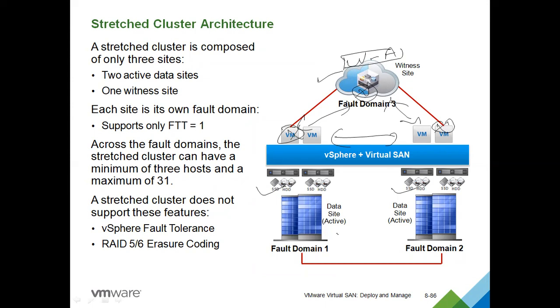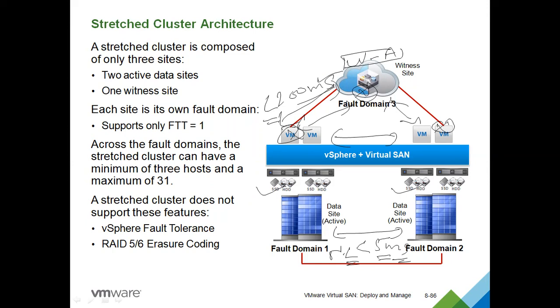Between site 1 and site 2, the network latency should always be less than 5 milliseconds. Keep in mind, 5 milliseconds. And between my data sites and my witness site, it should be less than or equal to 200 milliseconds.